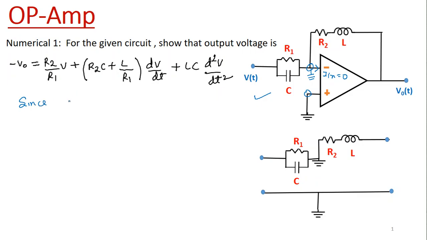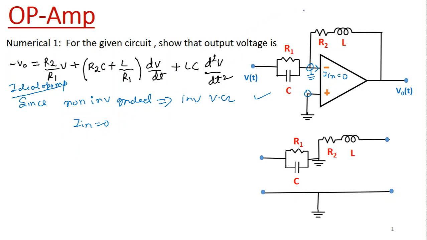Assuming ideal Opamp, since the non-inverting terminal is grounded, the inverting terminal will be virtually grounded, so the input current will be 0.